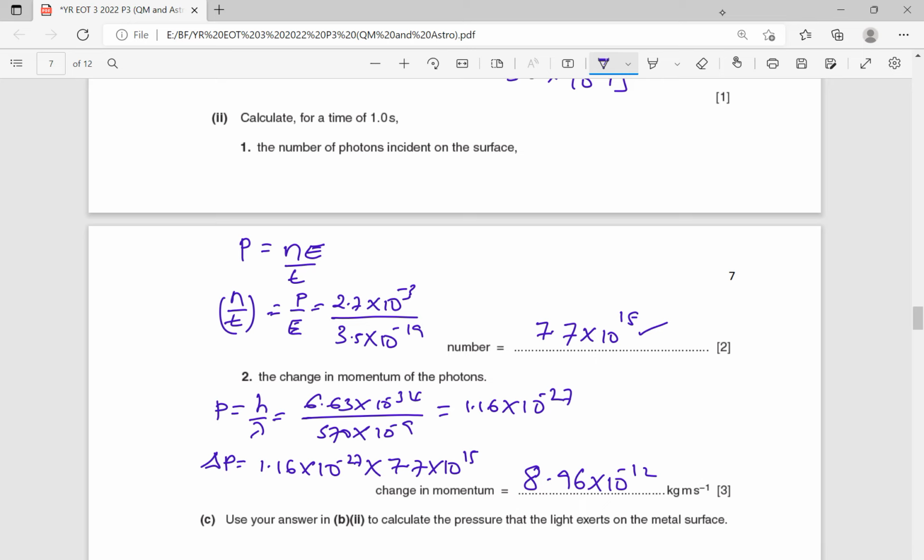Many of you failed this question because you thought this was the answer, but this was the momentum of just one photon. And yet we have 7.7 times 10 power 15 photons. So you had to multiply by the number of photons.